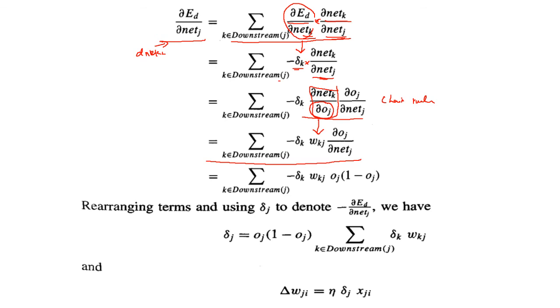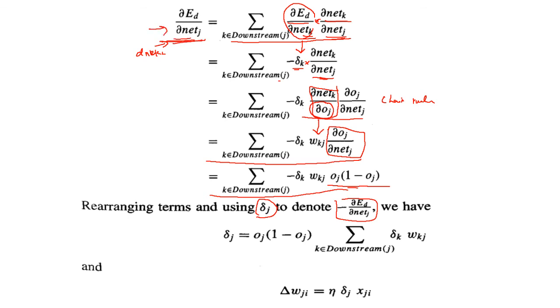After that, see this particular term, differentiation of Oj divided by differentiation of net j, which is equal to Oj into 1 minus Oj. Hence we rewrite the entire equation in this form, and after that rearrange the terms using delta j to denote this particular form.